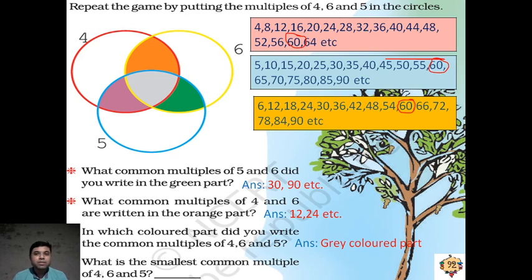Have you seen any other multiple which is common in all these three? No. So 60 is the smallest, so the answer will be 60. And LCM of 4, 5 and 6 is equal to 60. Is it clear, my dear students? Hope you understand it.